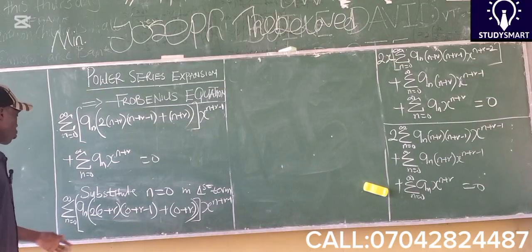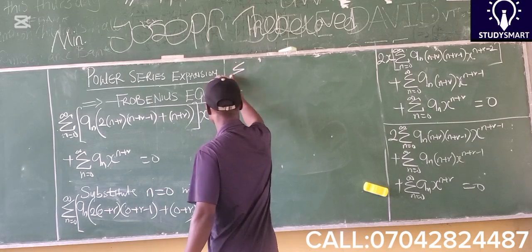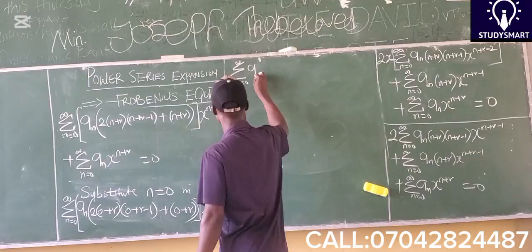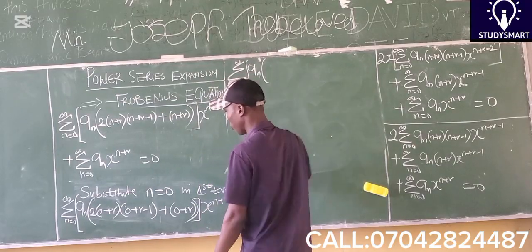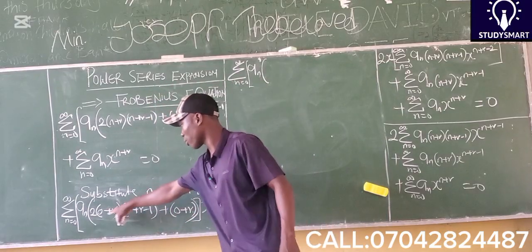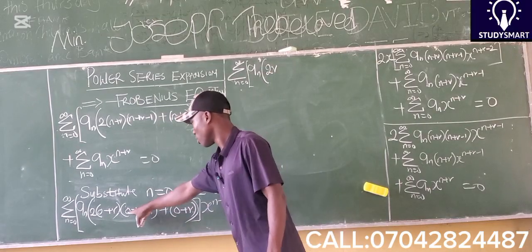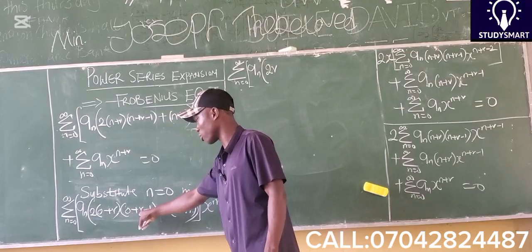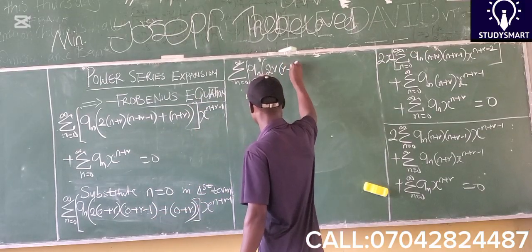So I can get my initial equation. When I do this, if I open up this bracket, I'm going to have the summation from n equal to 0 to infinity of a of n. This becomes 0 plus r, which gives you r, and r times 2 gives you 2r. Then 0 plus r gives you r, so I'm still left with r minus 1.